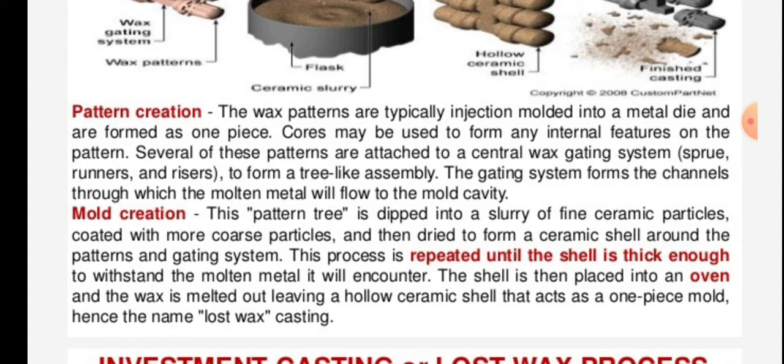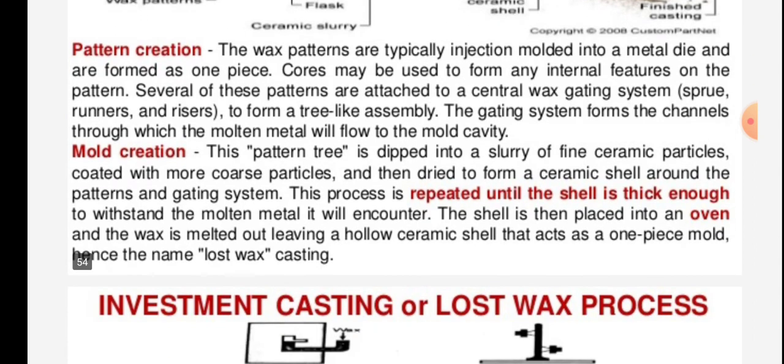Several of these patterns are attached to the central wax gating system, sprue, runners, and risers, to form a tree-like assembly. The gating system forms the channel through which the molten metal will flow to the mold cavity.